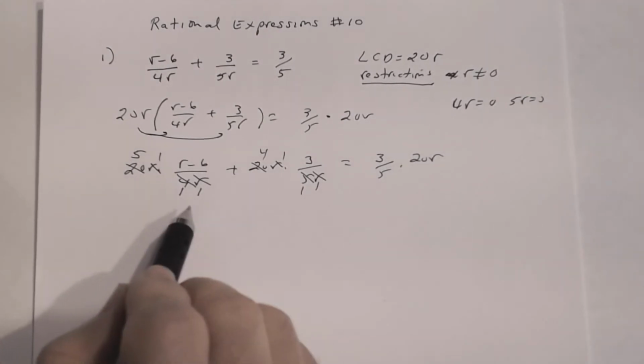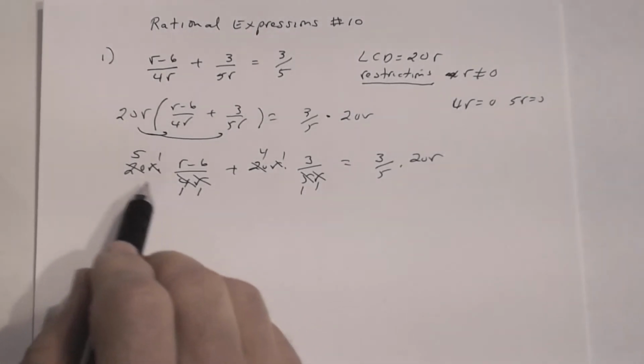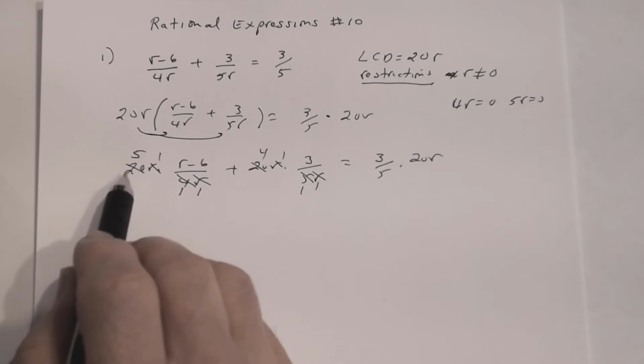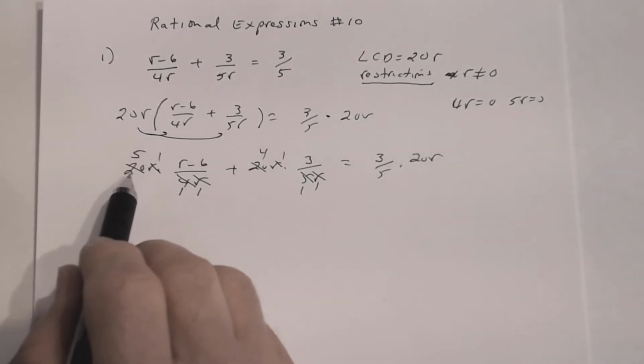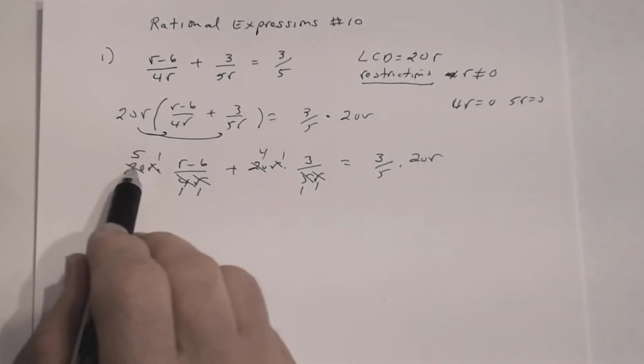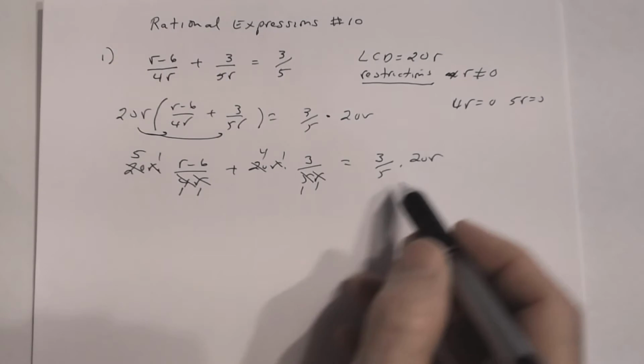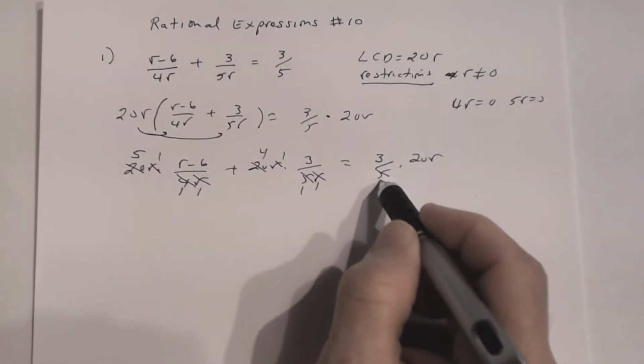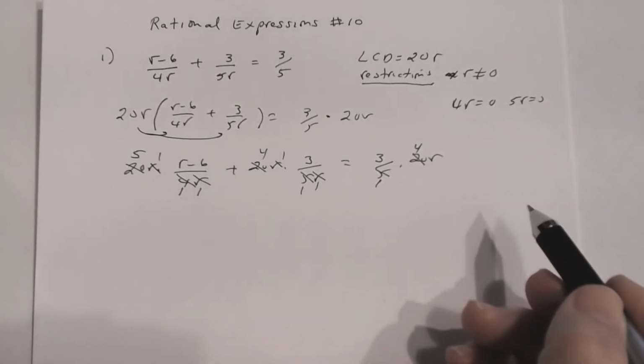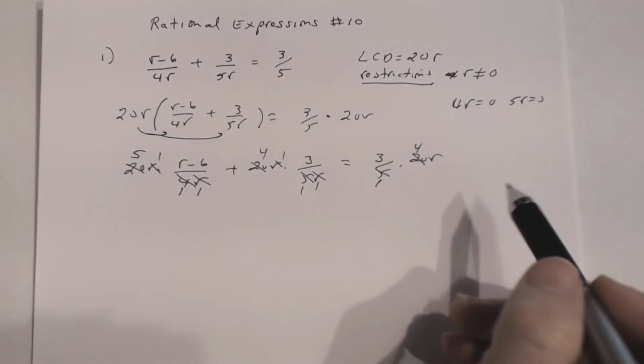Just don't cross these things out, because if you do, you're going to mess up here as well, because that should be a 5, not a 1. So when you cross these factors out, put what factor is left. And then over here, the 5 will divide into the 20. That will give you 4. And that's about all you can do in terms of reducing.